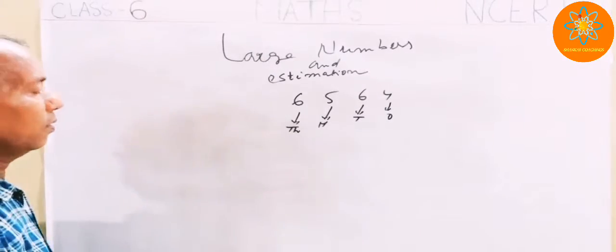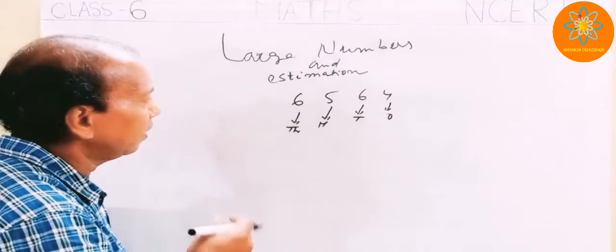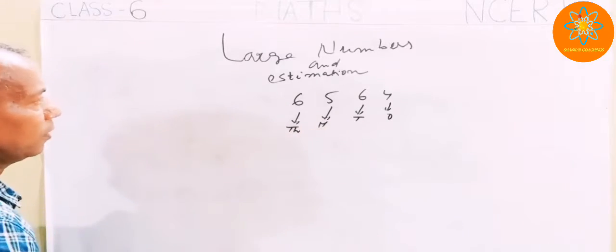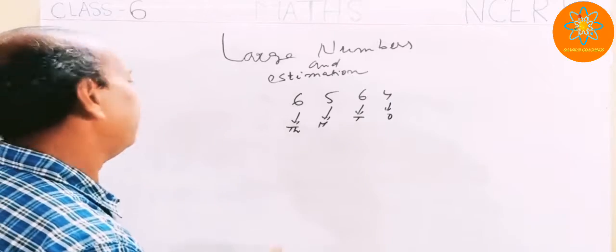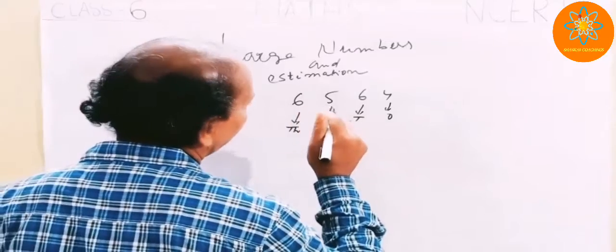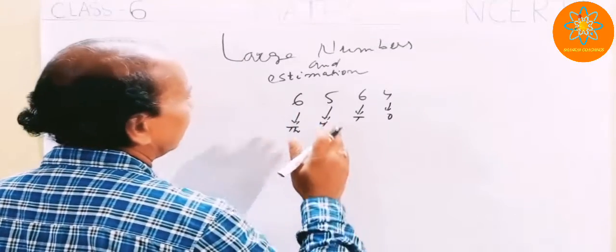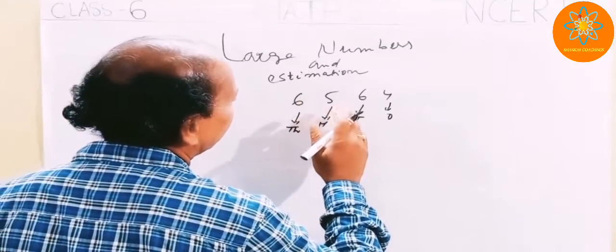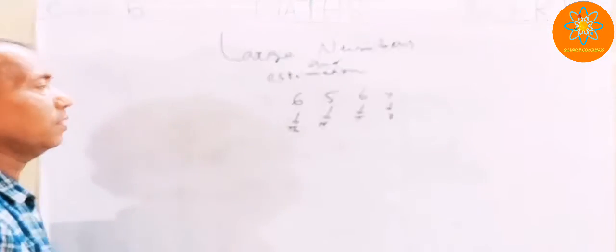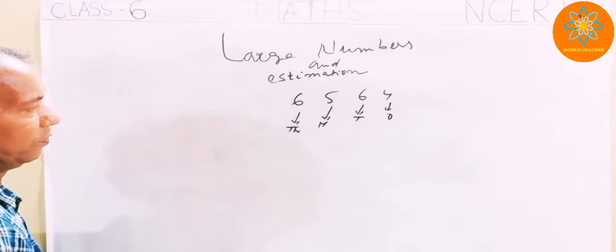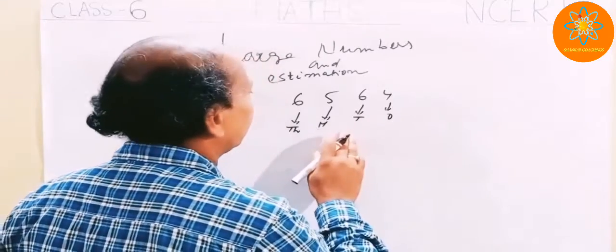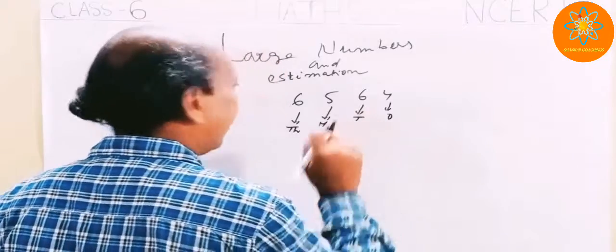Whenever we are estimating any number like this, keep in mind that the number just previous to that place, if it is greater than 5, then the next number will be added by 1.